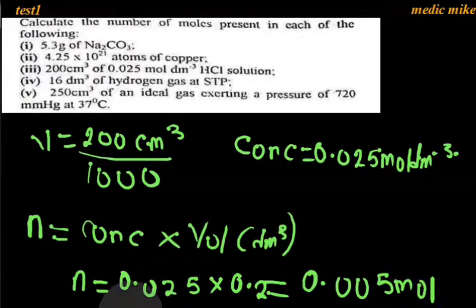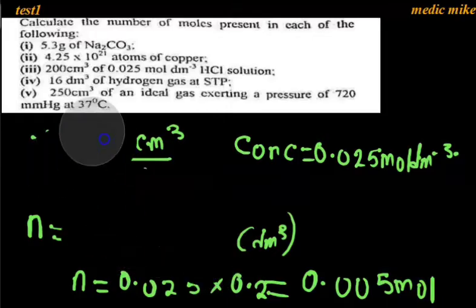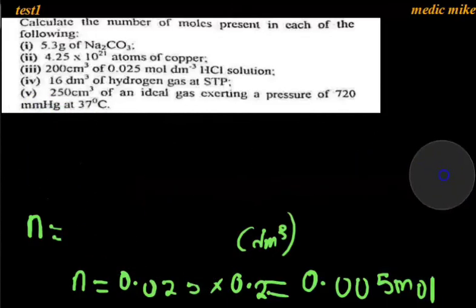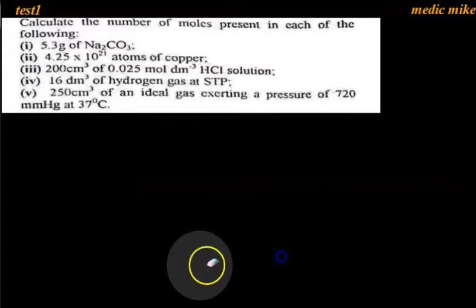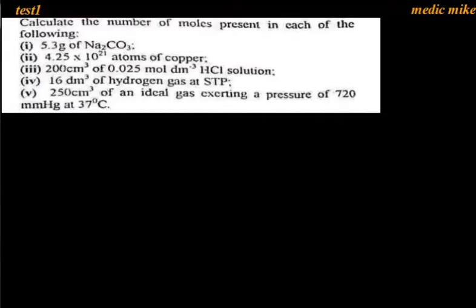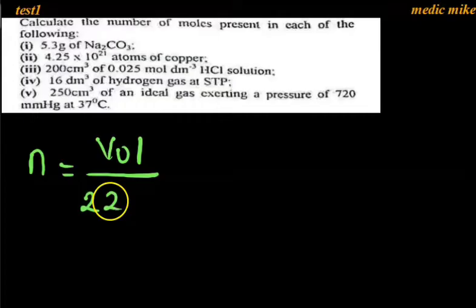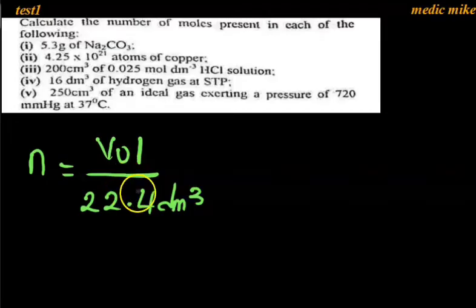Now we're going to go to Roman figure 4, which is hydrogen at STP, so we should find the mole of 16 dm cube of hydrogen at STP. Now this will be mole equals volume over 22.4 dm cube. We can only use this formula for gases at STP, and STP means standard temperature and pressure.